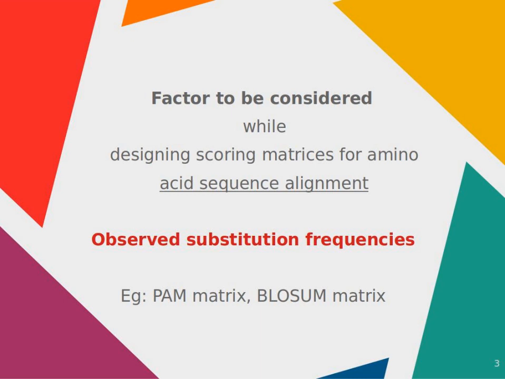One important factor to be considered for the design of scoring matrices in sequence alignment is observed substitution frequencies. That is, we are trying to identify the total number of replacements or substitutions of amino acids in the sequence while aligning the sequence.